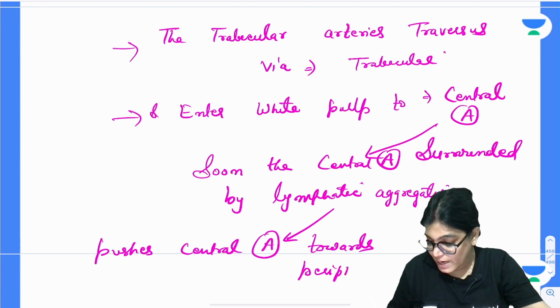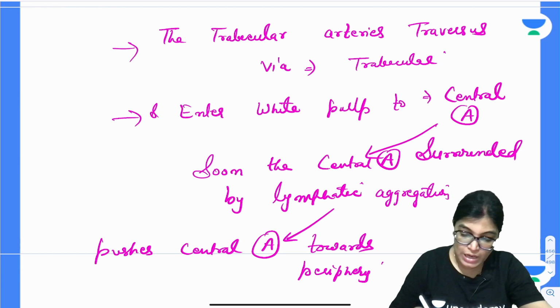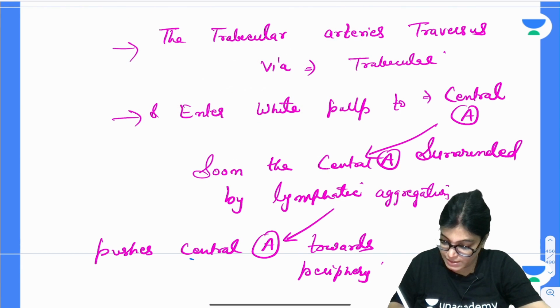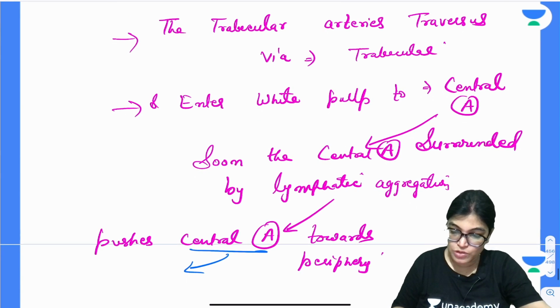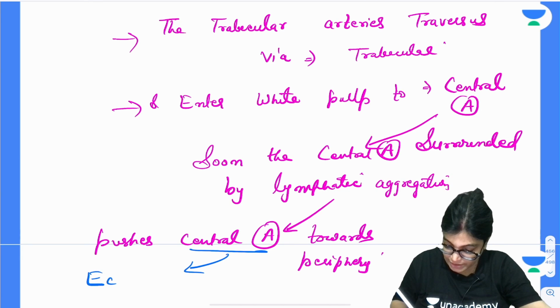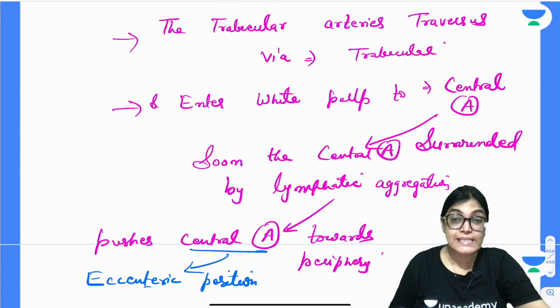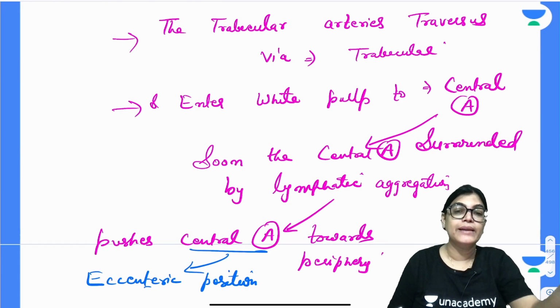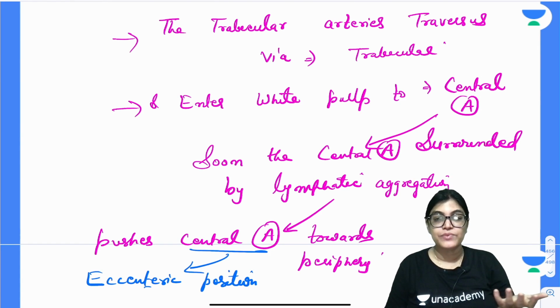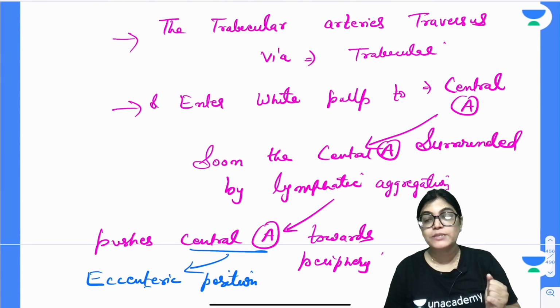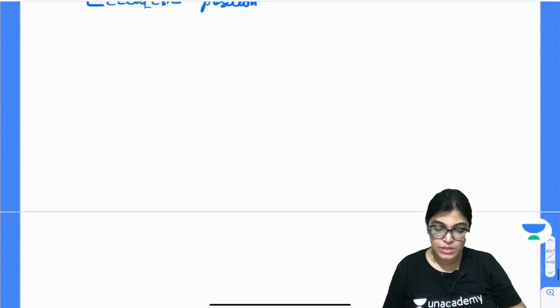So now the central artery becomes eccentric in position, and the lymphatic aggregation which is lying in the vicinity of the central artery is called periarterial lymphatic sheath. So this is another important point.